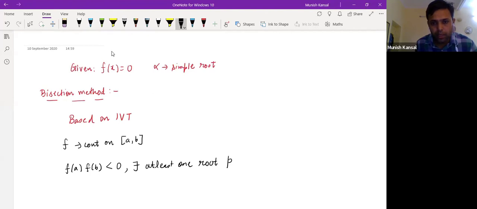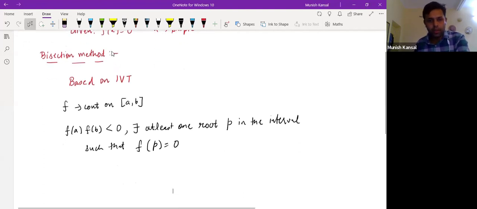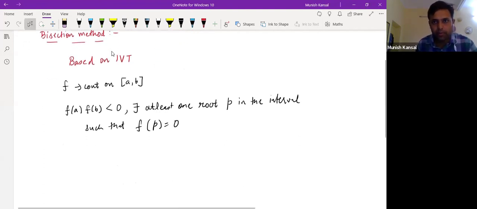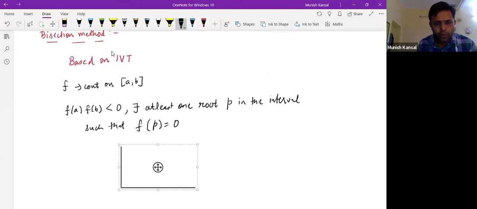say p, in the interval such that f(p) becomes 0. If you look at the geometry, suppose you have some function given to you like this.